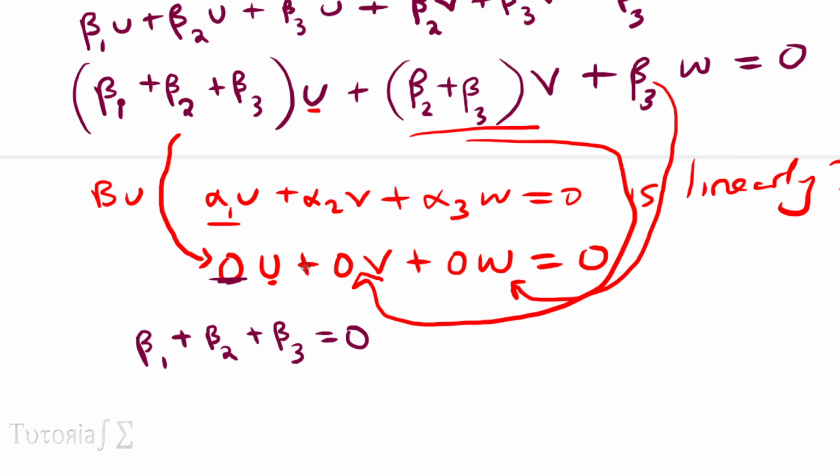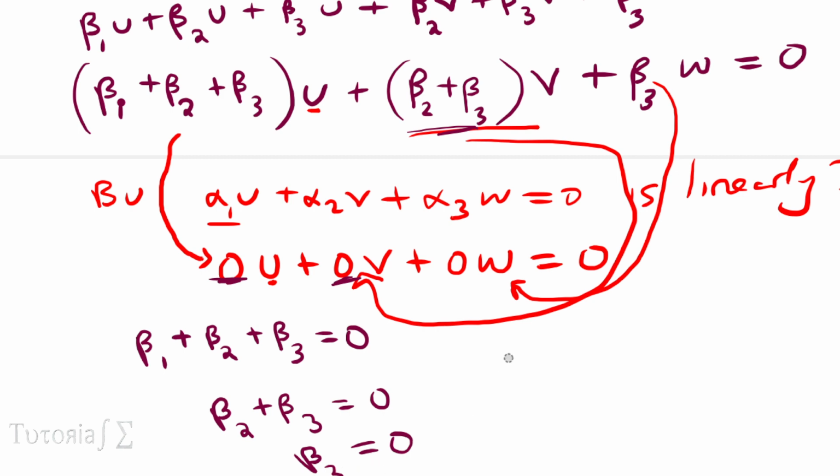Same applies to this. It will be beta 2 plus beta 3 will also be equal to 0, because here and this are the same. Then here we're going to have beta 3 also equal to 0. Now we can solve.